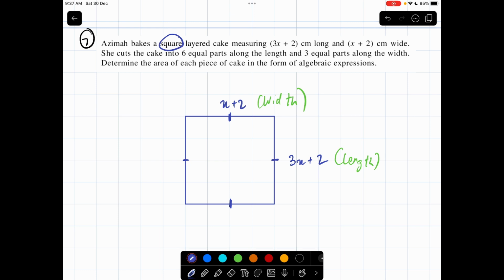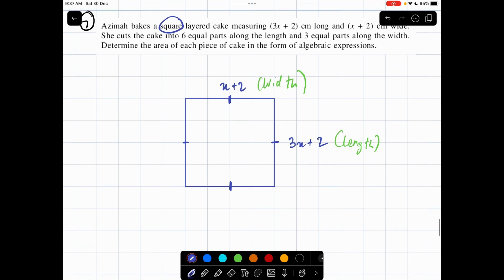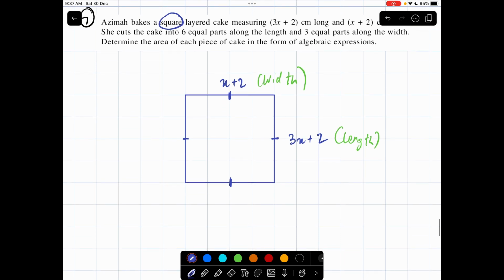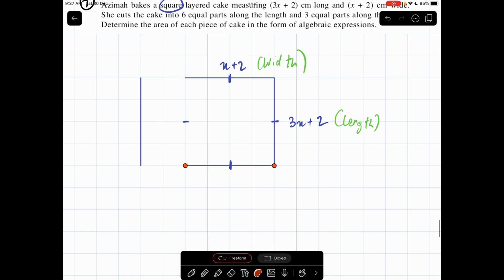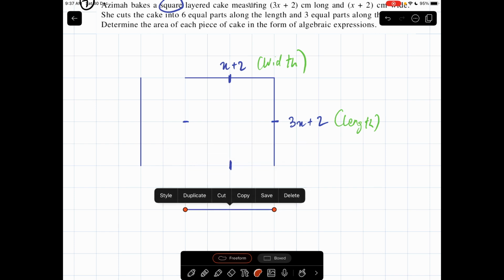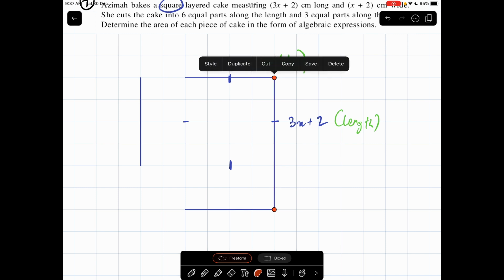So there are 6 cuts in this region. Oh, the equal parts are 6 and 3. I think I should have made it into 6 times 6 squared. No worries. I can change it right about now. 1, 2, 3, 6. 1, 2, 3, 4, 5, 6. Okay, just bear with me for a second. I'm making it so that it's easier to visualize.